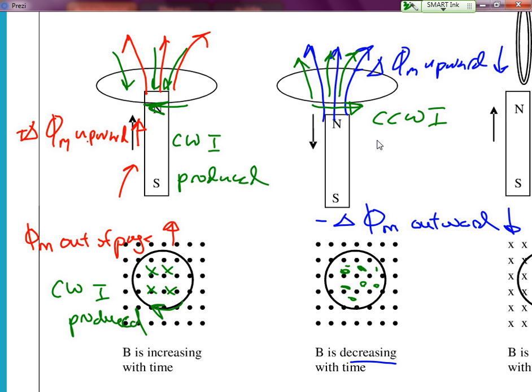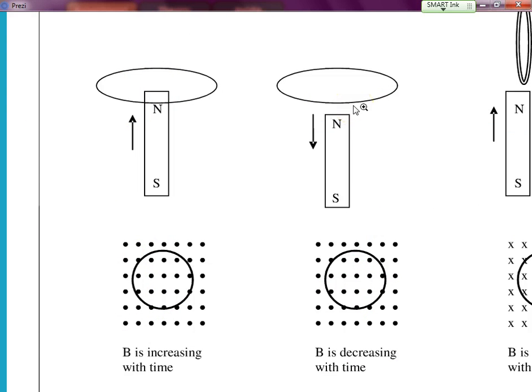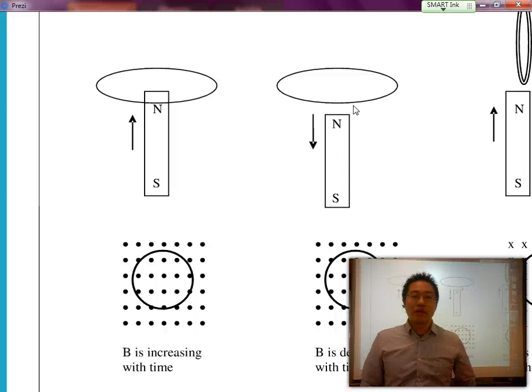So if you were to use your hand rule, you would see that you still end up with a counterclockwise current. Okay? So it just takes a little practice, but in the end, it's not that difficult if you understand your hand rules. Now, so far, we've only dealt with situations where we have a changing magnetic field.